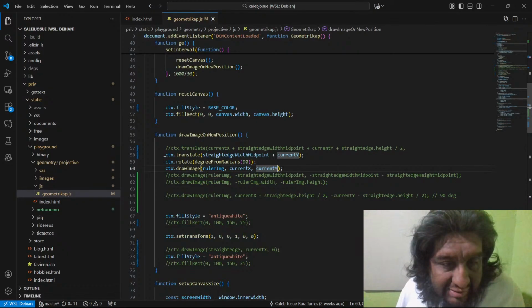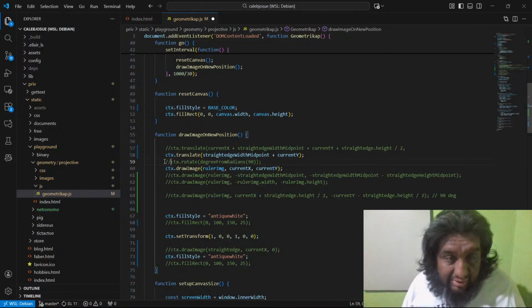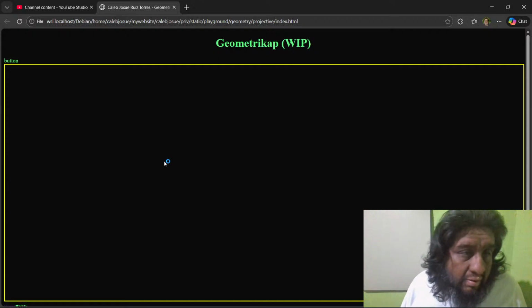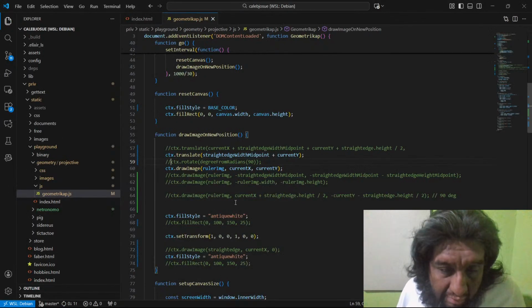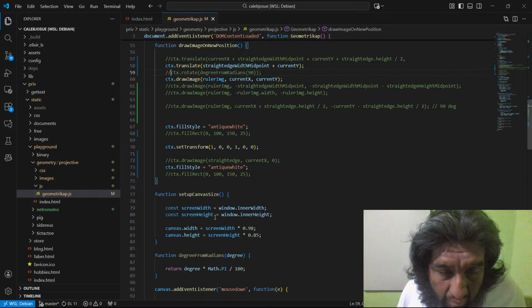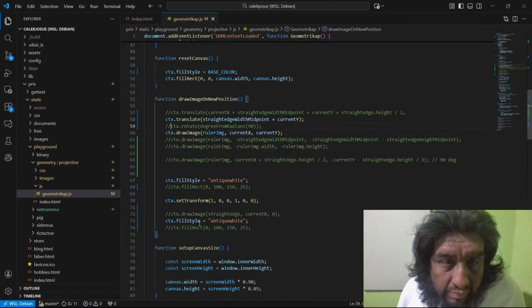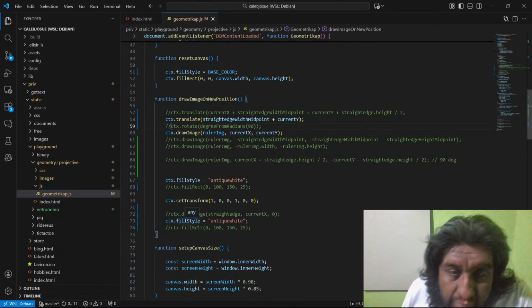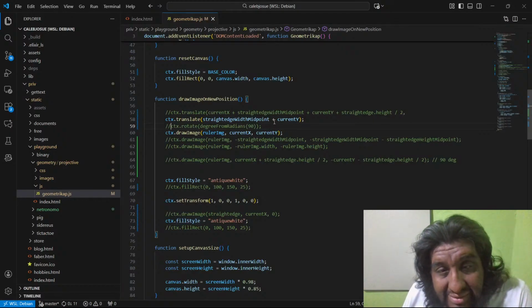Let's do the rotation, or the translation.